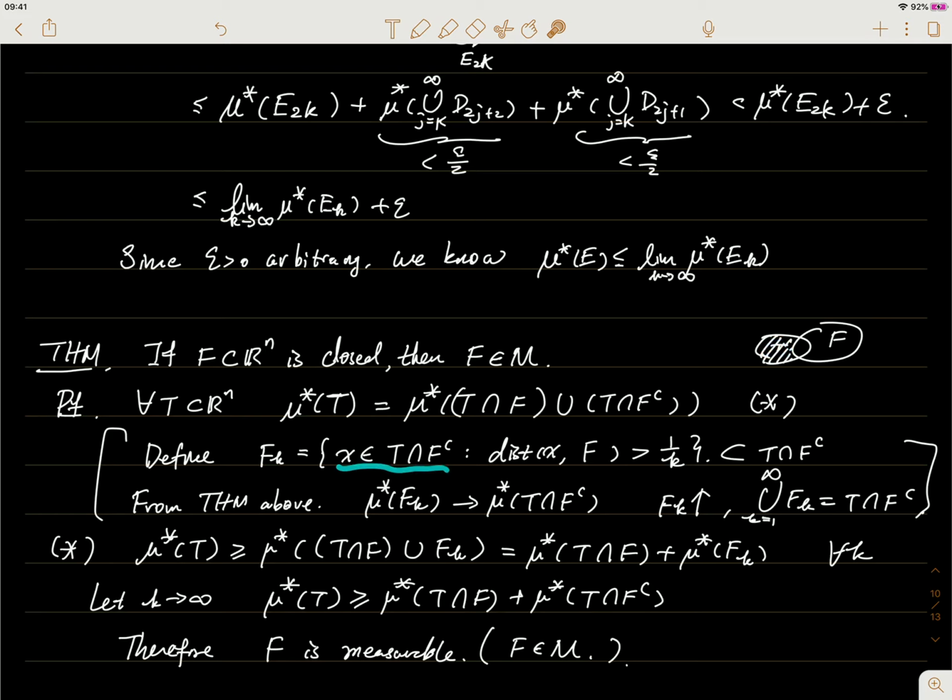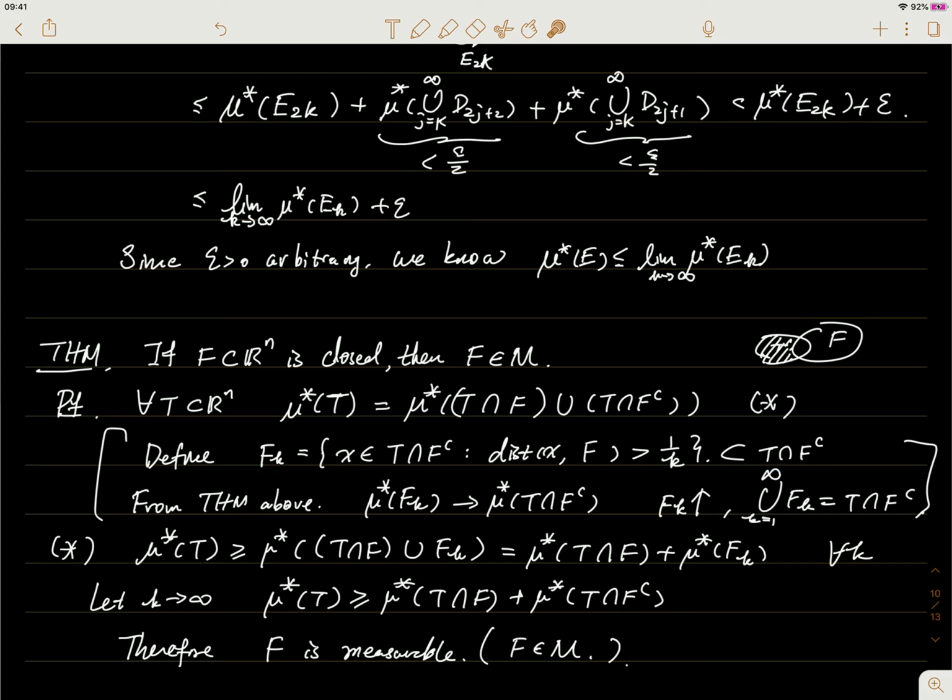It's the collection of points x such that the distance between the point x and F is bigger than 1 over k. So I'm choosing a smaller subset of this so that the points all have a positive distance, bigger than 1 over k, from the set F. So first of all, F_k is a subset.